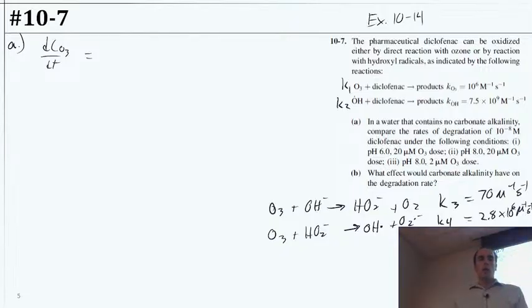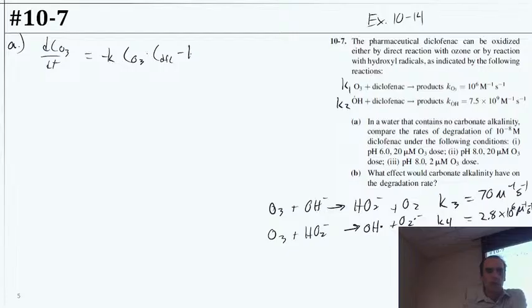At any rate, for the change in ozone, we could take a look at K1 times our concentration of ozone times the concentration of diclofenac. I'm going to abbreviate that to DFC. And then we could have potentially these reactions down here consuming ozone.